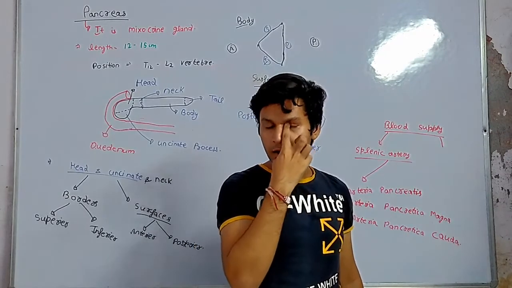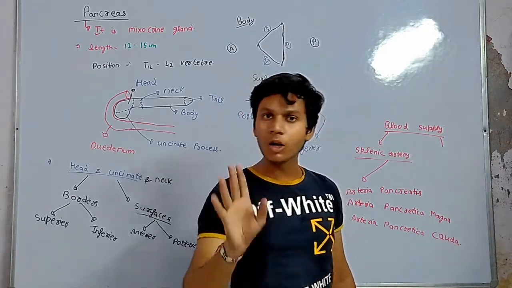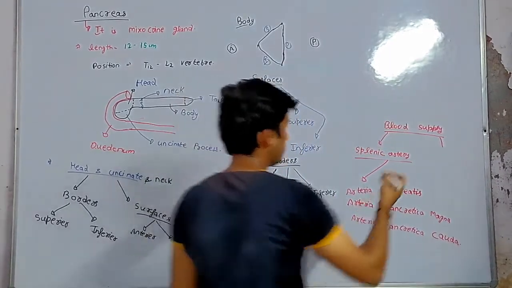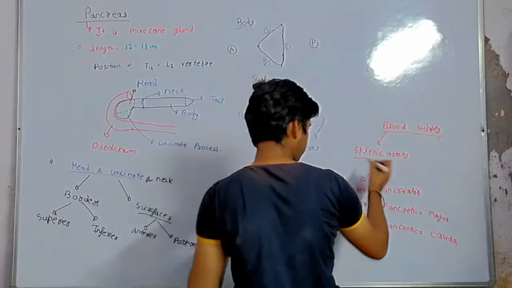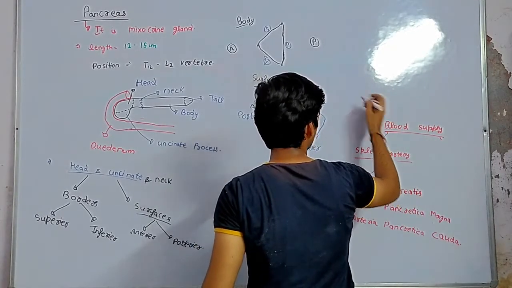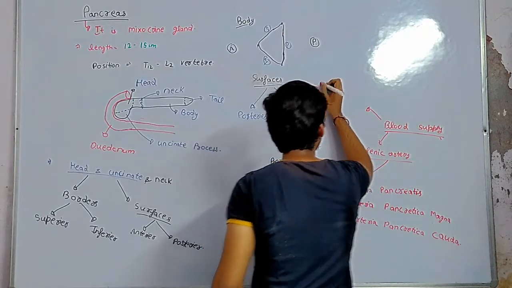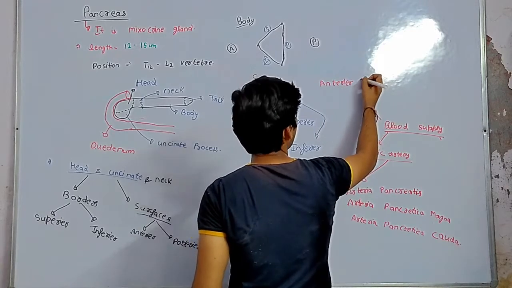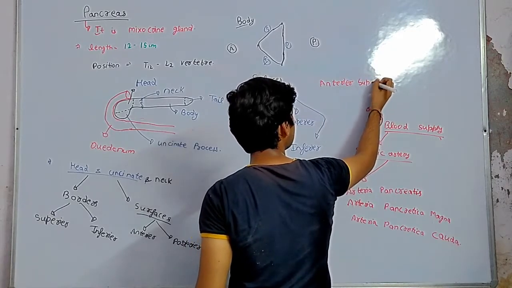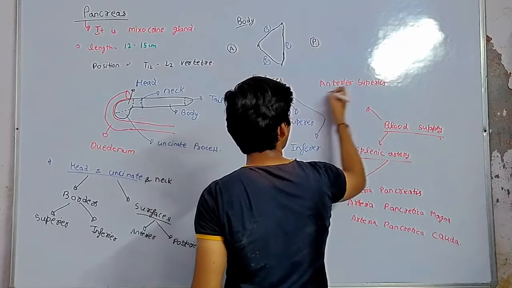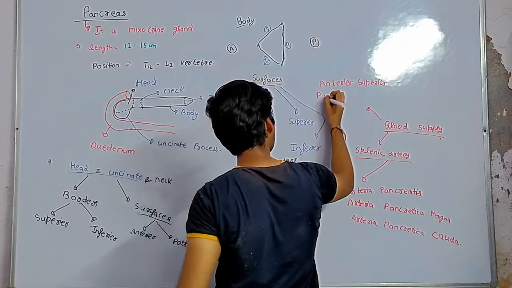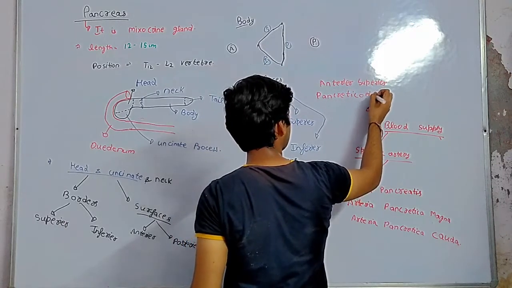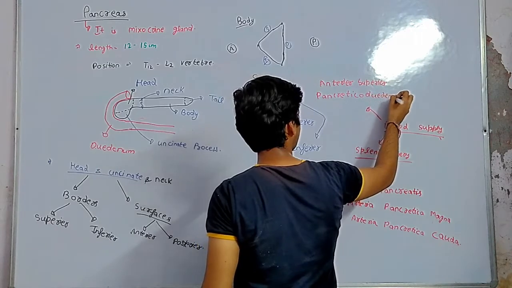The gastroduodenal artery gives two branches, the superior pancreaticoduodenal arteries, anterior and posterior. One is the anterior superior pancreaticoduodenal artery.